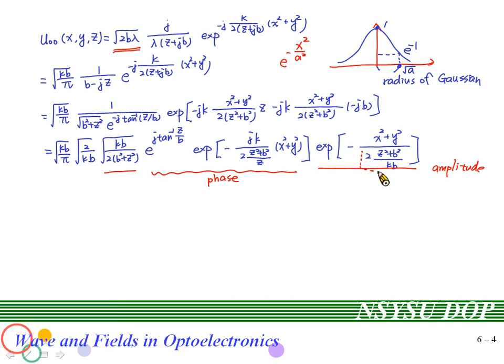We can obtain the radius of the Gaussian function by this one. So we can write it as this. Okay, so capital W squared gives us the square of the radius.